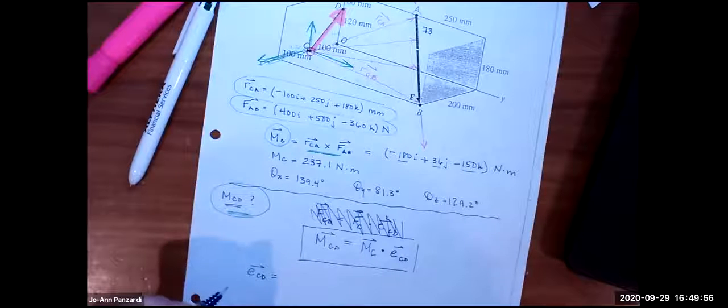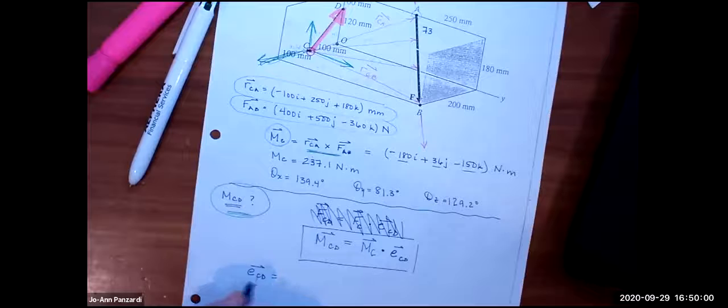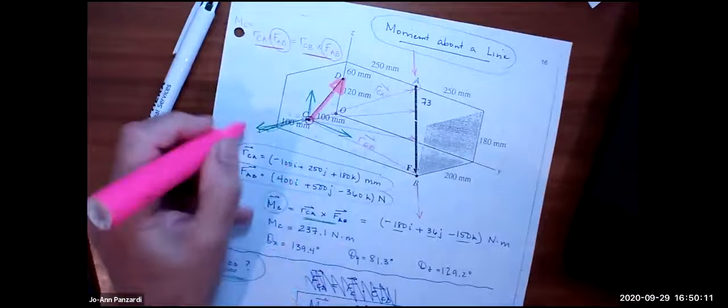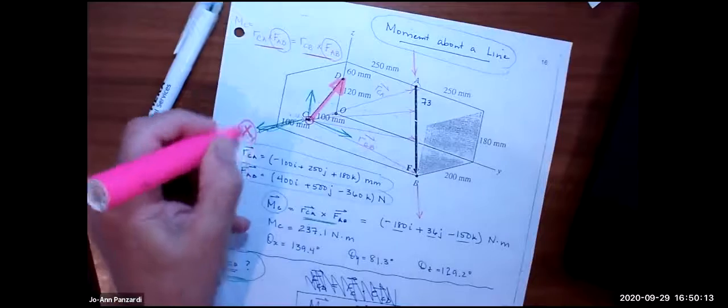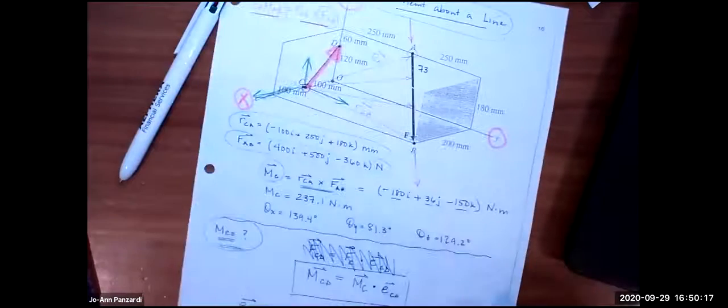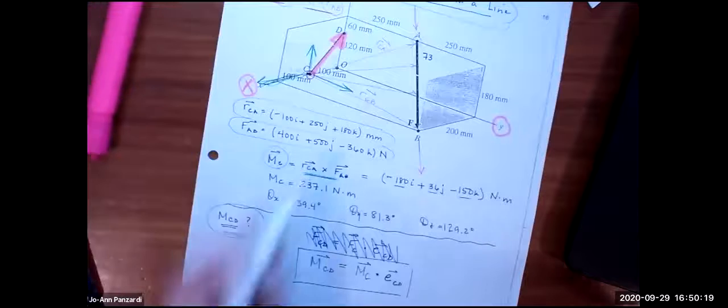Colin, going from C to D, how would I calculate the unit vector? And notice, whenever we deal with 3D, we have to make sure we see where the axes are. Here's the X, here's the Y, and here's the Z. So what direction is it going from C to D?